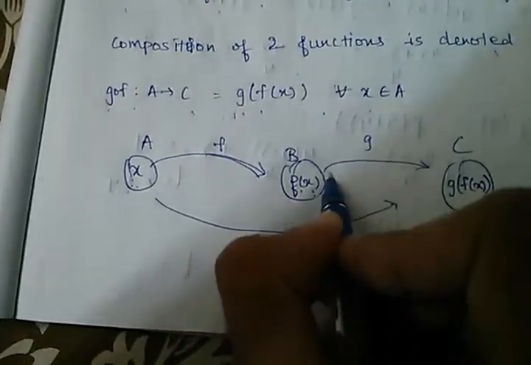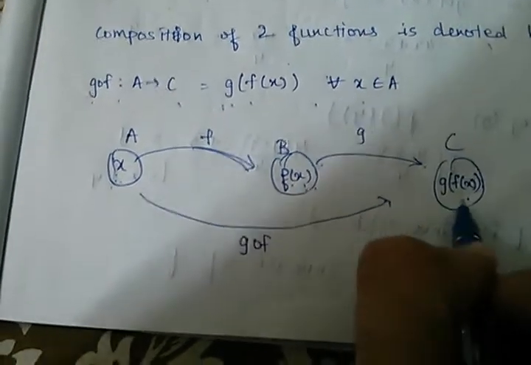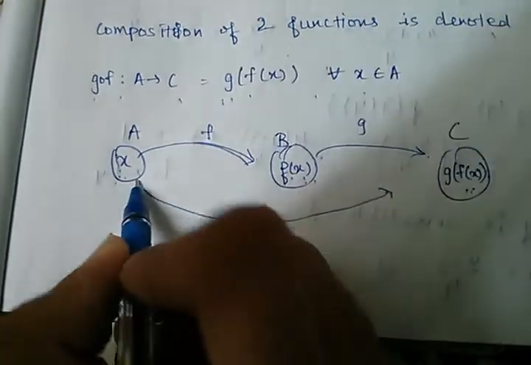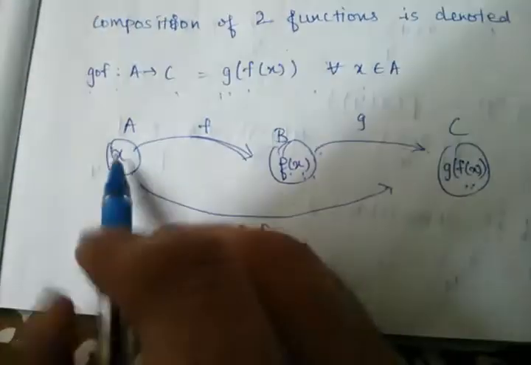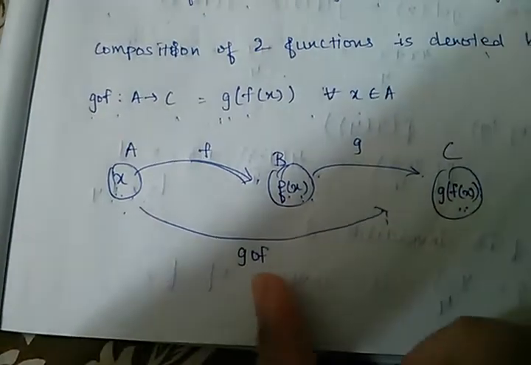And similarly from B we have a function g to C, so this element is g(f(x)). So this is the composition of A to B and B to C, g∘f, or otherwise g(f(x)).